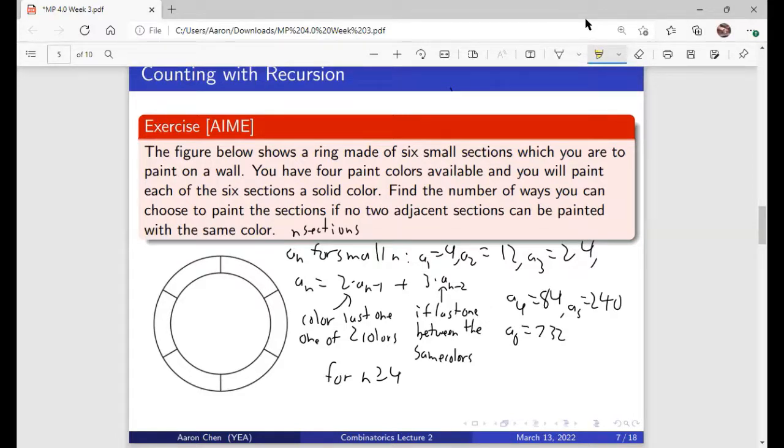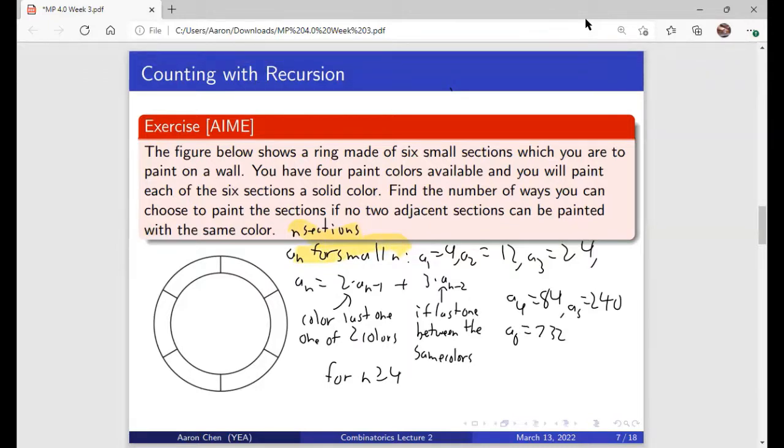And so to do this through recursion, you can let there be n sections. We can first find a_n for small n. So a1 is equal to 4, a2 is 12, and a3 is 24.